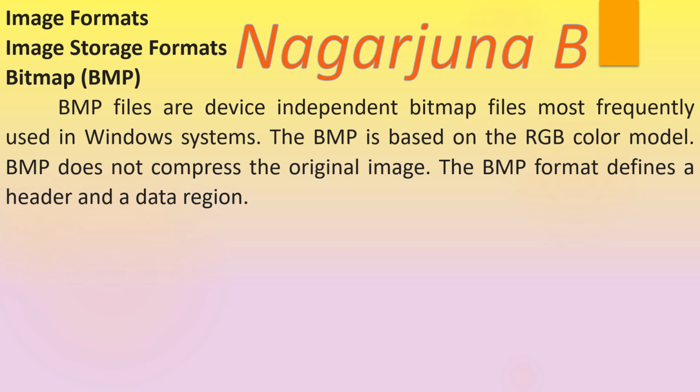It is a red, green, blue color model, and the bitmap does not compress the original image. That means the original image will not be compressed when we store it in the bitmap format.